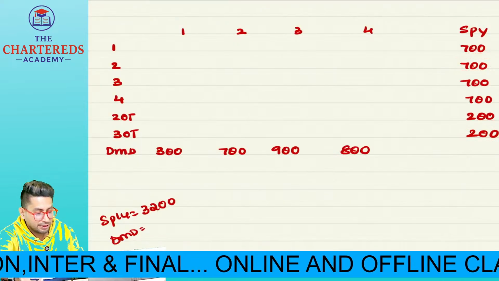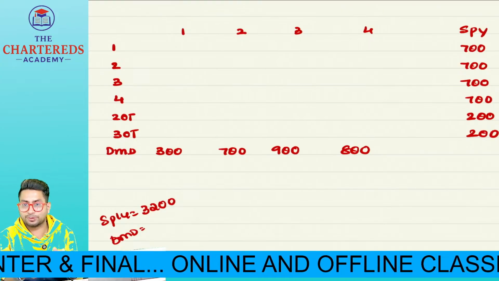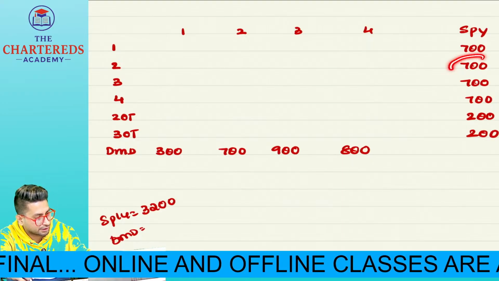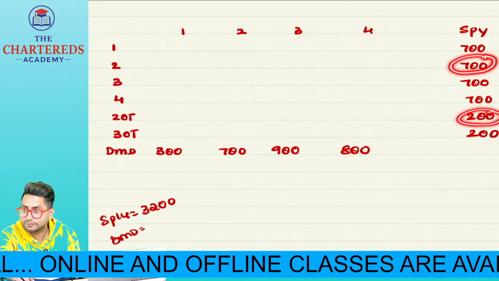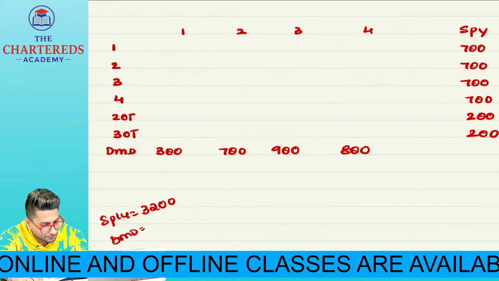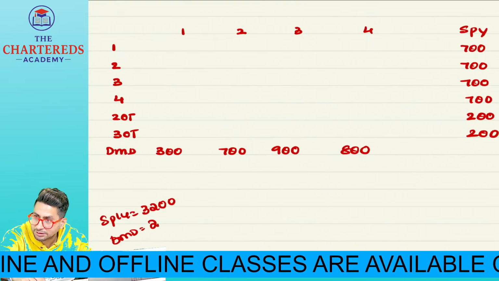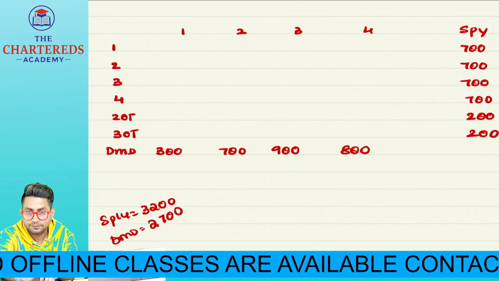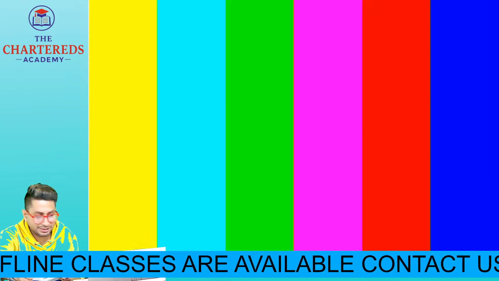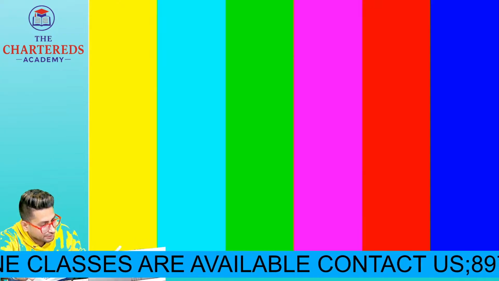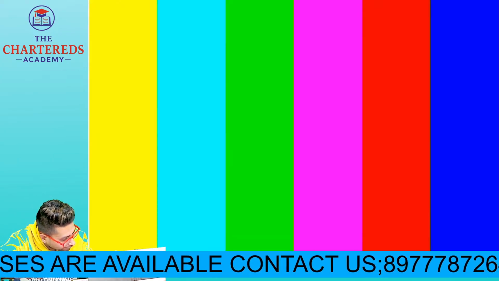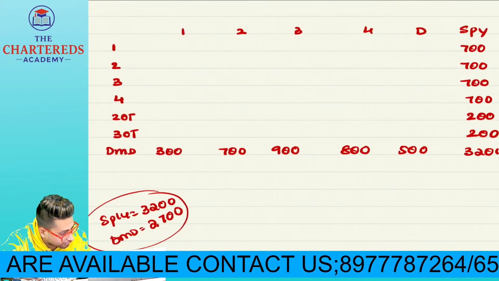I am separating it because it will be easy to understand. 700 here I have taken, 200 here I have taken. How much is demand? 2,700. Now tell, what is less? Demand is less, right? So that is why I create a dummy demand. The difference is how much? I'll write 500 here. 3,200. Understood what we have done?